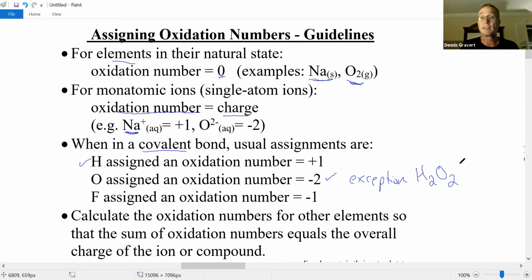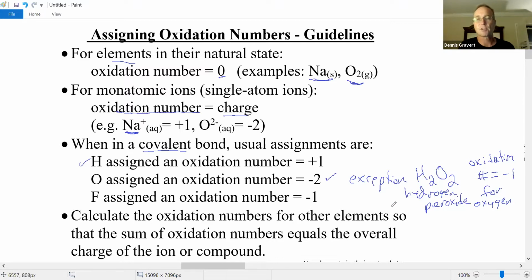Hydrogen peroxide, oxygen oxidation number, sorry, I can't spell. Remember for hashtag, this little tic-tac-toe symbol meant number? So the oxidation number is actually a -1 for oxygen in hydrogen peroxide. So that might be useful to you. I'll avoid that on my exam.